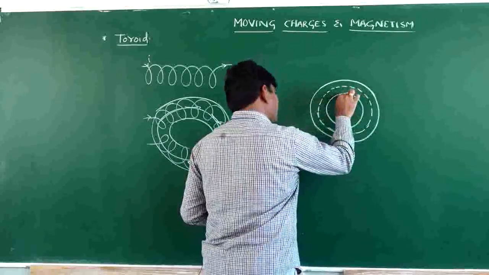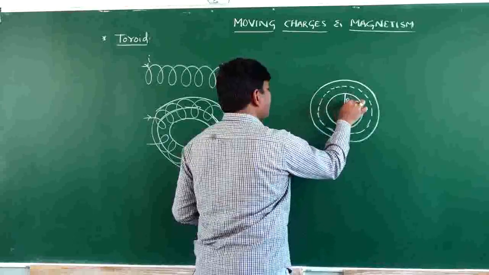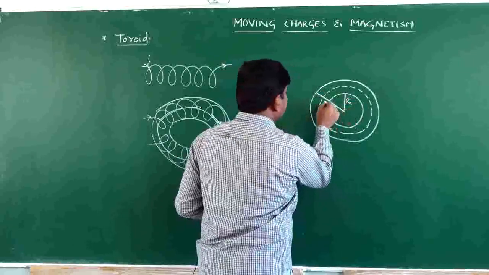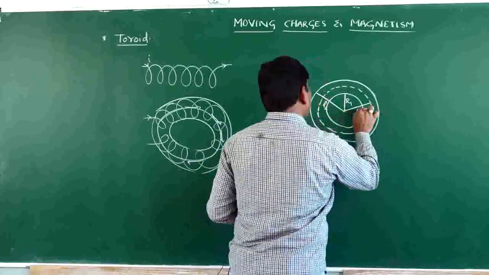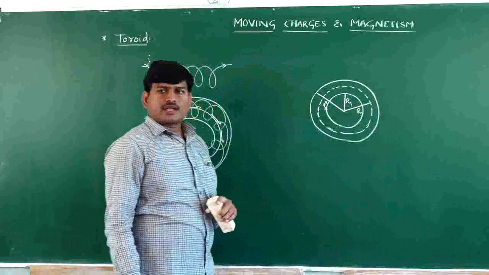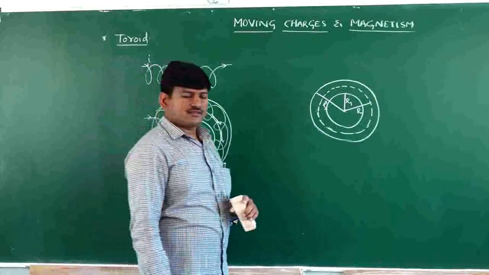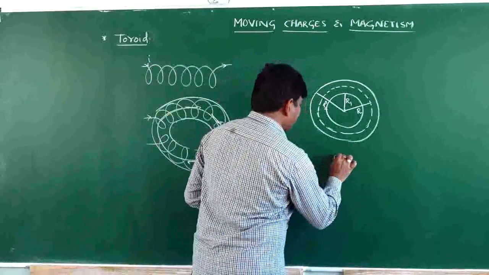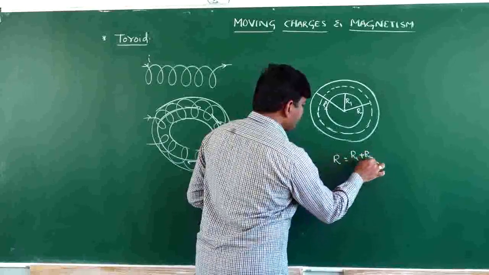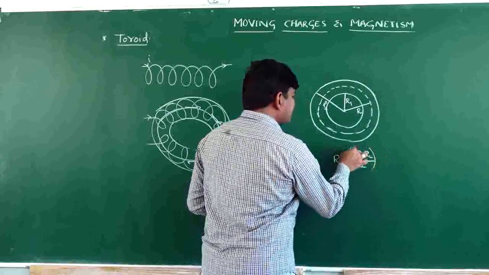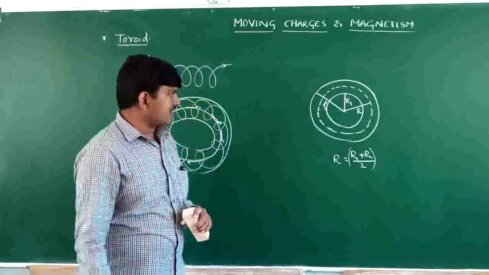Let me choose the inner radius of the toroid as R1 and the outer radius as R2, and take some capital R as the mean radius of the toroid, where capital R is equal to inner radius plus outer radius divided by 2, that is R = (R1 + R2)/2.